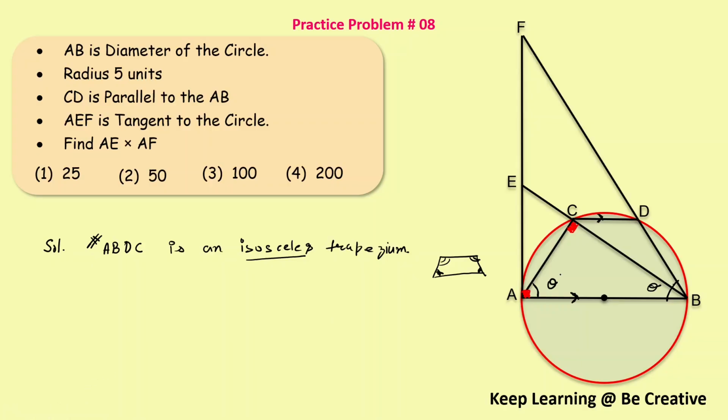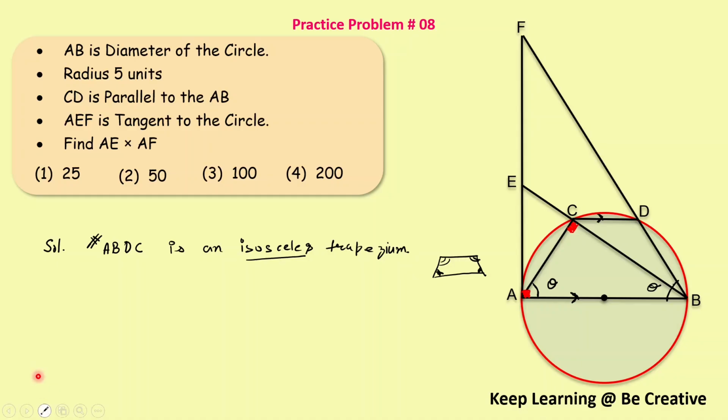Since I have marked angle ABF as theta and angle FAB is 90 degrees, in triangle FAB we have two angles, one is 90 degrees, another is angle theta.